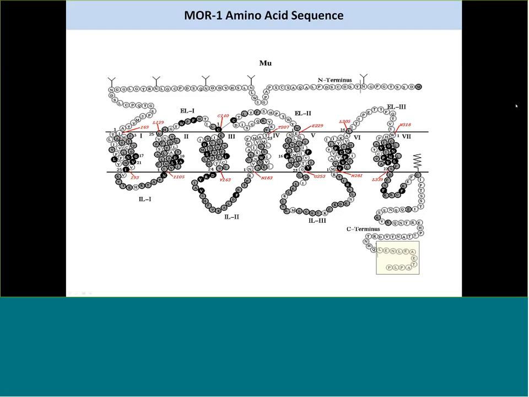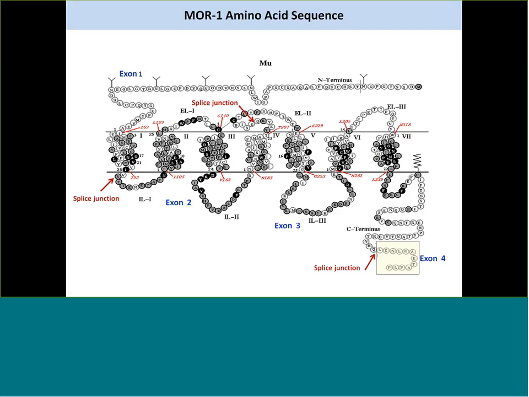Described another way, here's an amino acid sequence of the receptor, and I'm presenting this to give you some idea of how the protein is organized. If you take a look, the receptor is traditional in the sense that it's got an extracellular N-terminus and an intracellular C-terminus. It undergoes extensive splicing, and in this particular receptor, there are 4 exons that are important in actions. Exon 1 encodes the extracellular N-terminus and the first transmembrane domain.